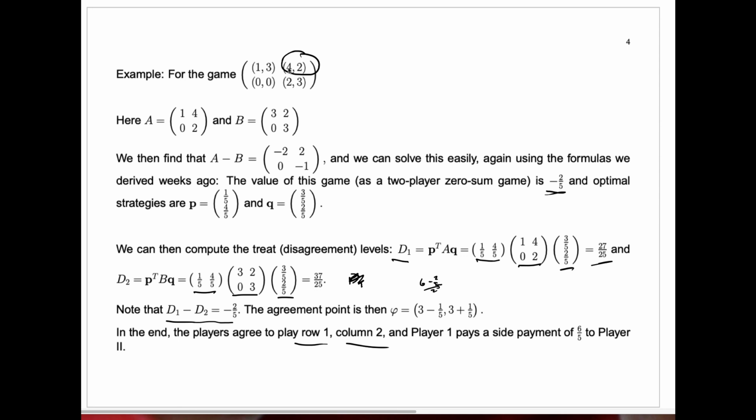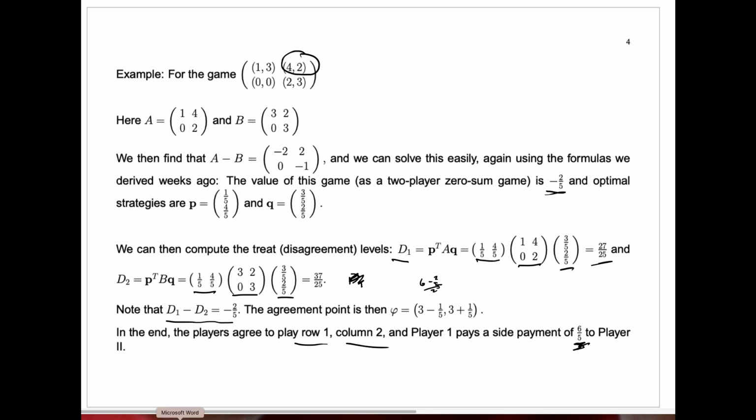Well, player 1 has to make a side payment of 6/5 to player 2. That will then reduce the amount player 1 gets from 4 down to 3 minus 1/5, which is 2 4/5. Player 2 gets 2 from choosing that point in the game, plus this side payment of 6/5 to get up to 3 1/5 for player 2's payment.